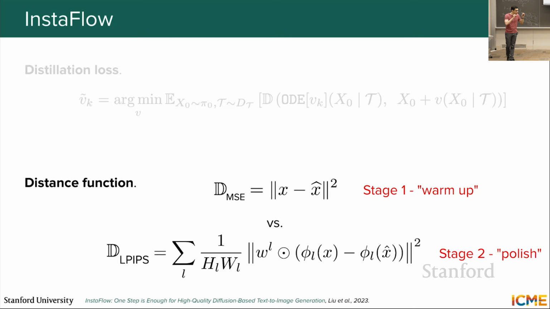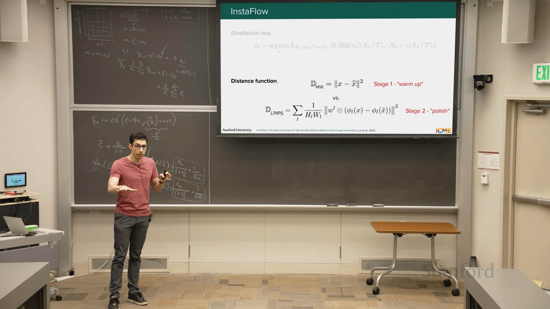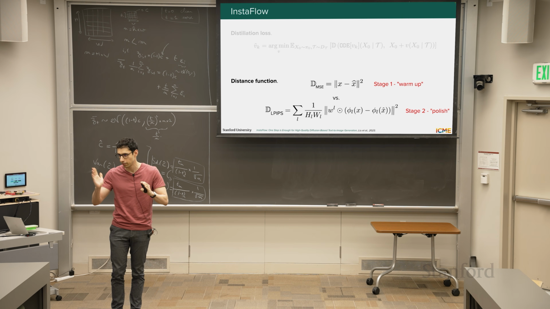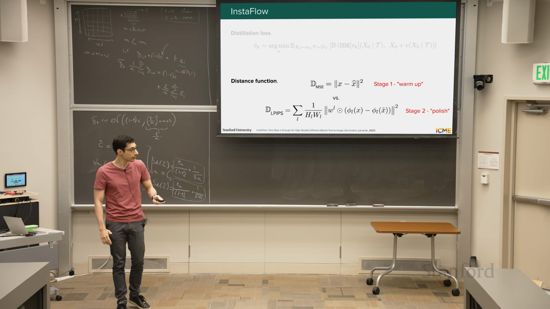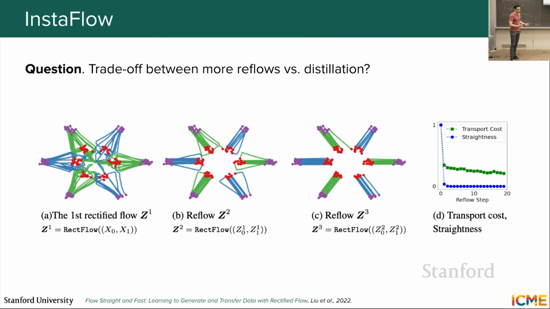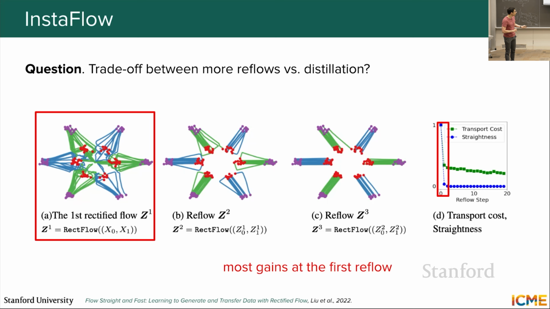Here you make the image pass through a pre-trained model with frozen weights, and then you compare the L2 distance between the feature maps instead, over L layers. And this is what we just said: you see in practice that the first reflow step gives you most of the straightening behavior, so you do not have an incentive to do more of them.